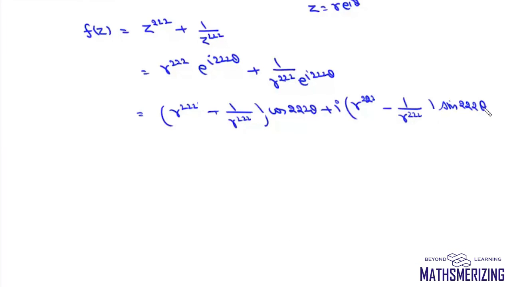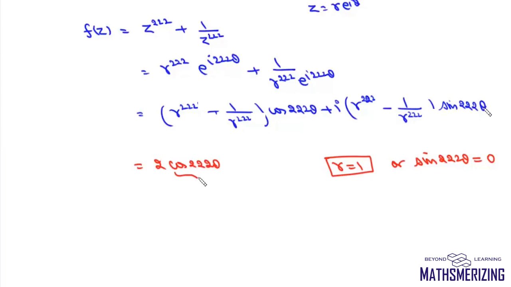Now it says f(z) is a real number. Now it will be real if this is 0, and if we put it equal to 0, then either the value of r is 1 or the value of sine 222 theta will be 0. If we take r as 1, we'll get 2 cos 222 theta, and this cosine expression can be positive or it can be negative.